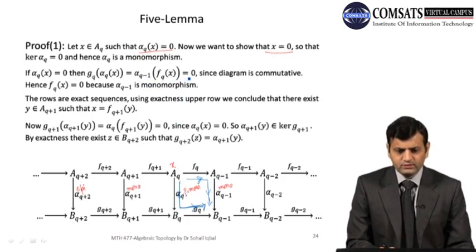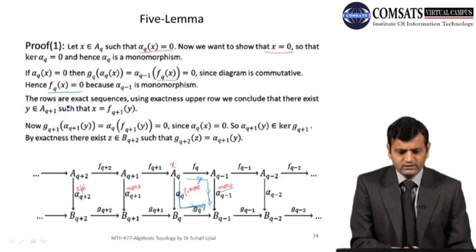But this is equal to 0 because alpha q x is 0 and g q is an R module homomorphism, which takes 0 to 0. This implies that f q x is 0 because alpha q minus 1 is a monomorphism, by assumption. If this is a monomorphism, it means the only elements going to 0 are the 0 elements. So alpha q minus 1 of f q x is 0, which means f q x is 0.